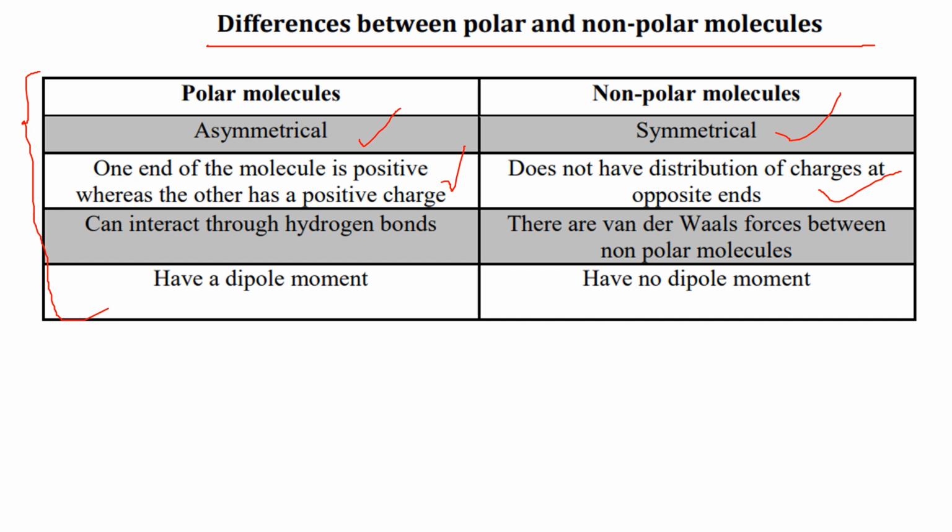Polar molecules interact through hydrogen bonds, and nonpolar molecules interact mainly via van der Waals forces of attraction. Polar molecules always have a dipole moment, but nonpolar molecules lack a dipole moment.